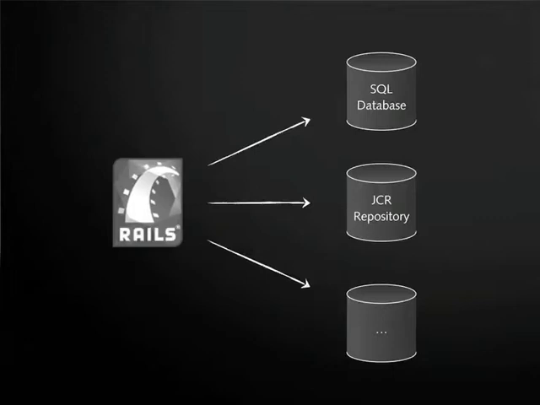By doing this, we can basically develop in the same way for a JCR repository, for a traditional SQL database, which is the root of the Rails framework, for other data stores, and within this infrastructure, we're also able to quickly prototype applications that probably use only some templating and no data store at all.